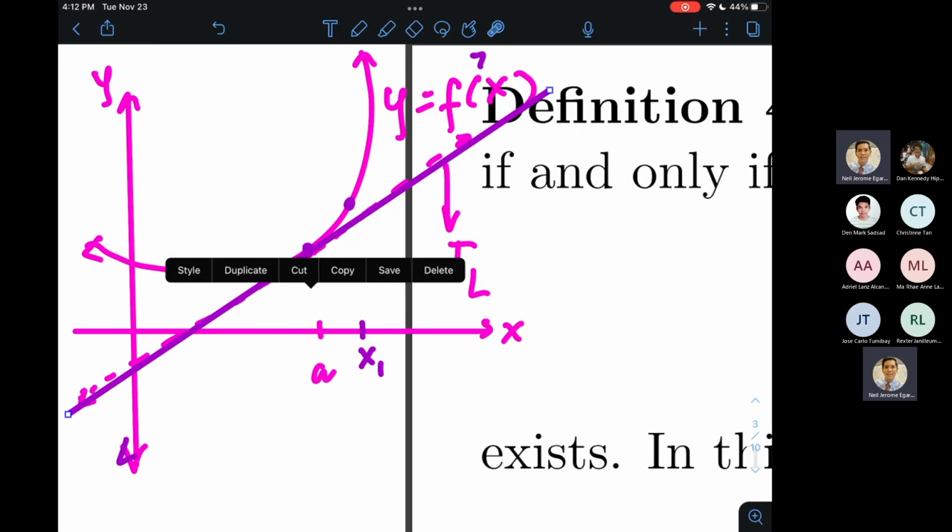So basically, that secant line will coincide with the tangent line, and hence the slope of the secant line will be arbitrarily close to the slope of the tangent line.